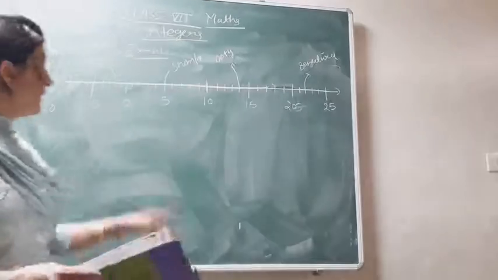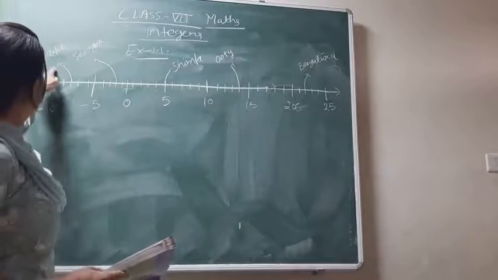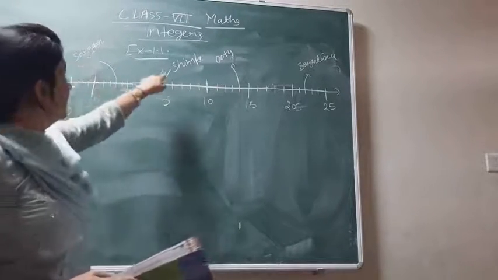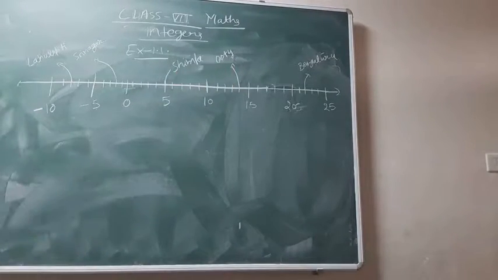You can see there is a number line drawn on the blackboard. There are places Lahul Spiti, Srinagar, Shimla, Ooty, Bangalore. So all temperatures are there. First, observe this number line and write the temperature of places marked on it.